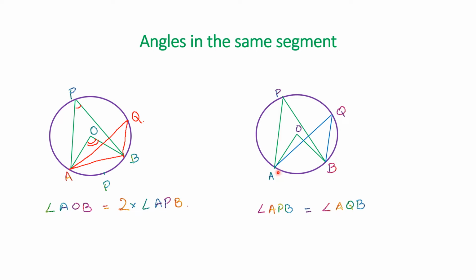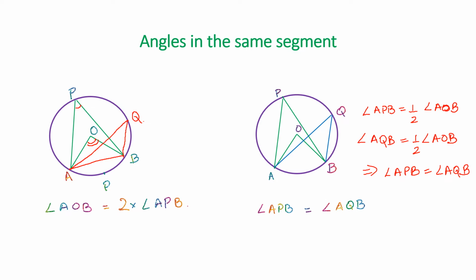You observe that this also has the same endpoints A and B. So we know that angle APB is equal to half of angle AOB. In the same way, we also know that angle AQB is equal to half of angle AOB. This implies that angle APB is equal to angle AQB. We call such angles angles in the same segment.